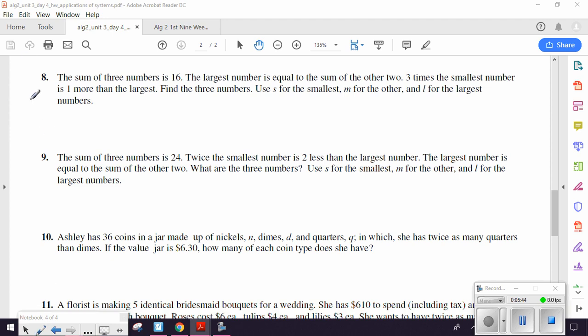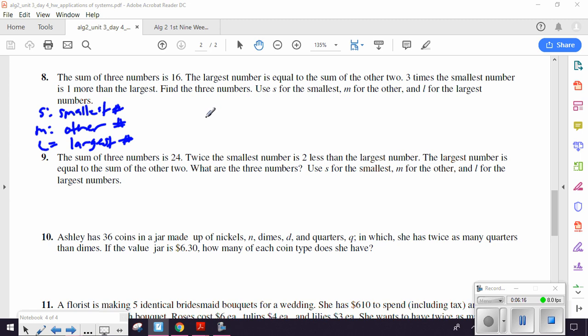So again, S is the smallest number, M is the other number, and L is the largest number. Again, you can usually use whatever variables you want, but they're being specific for this one. So we're all going to use the same ones.